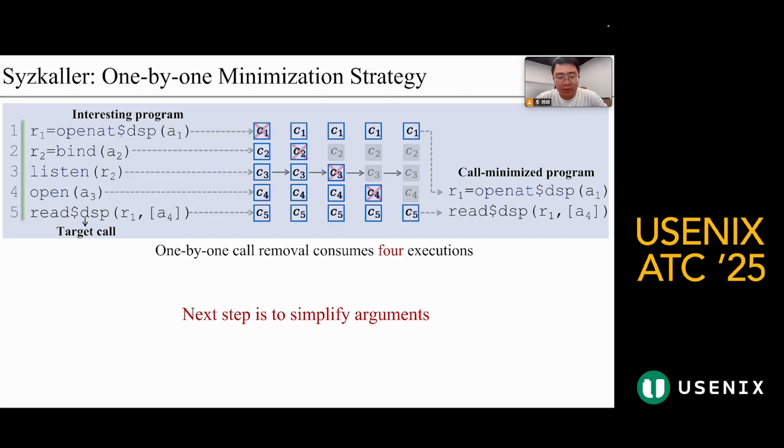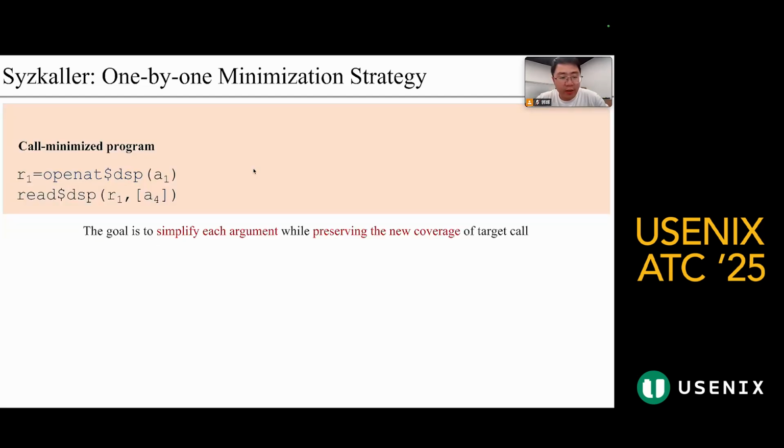Next, the next step is to simplify the arguments. For argument simplification, the goal is to simplify each argument while preserving the new coverage of the target call. For the program after call minimization, it has 2 calls and 3 arguments.